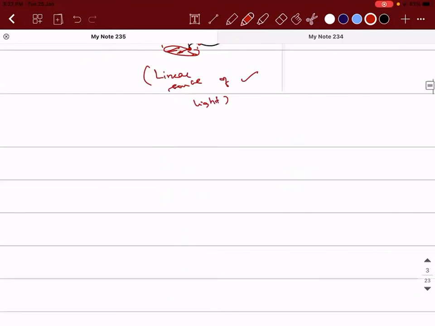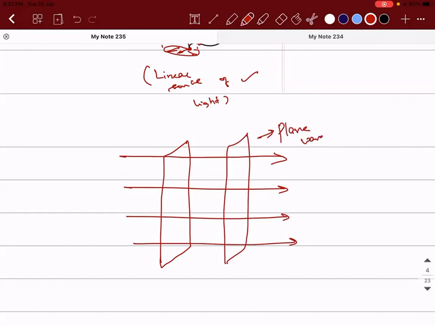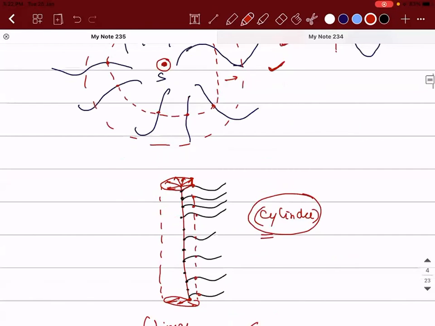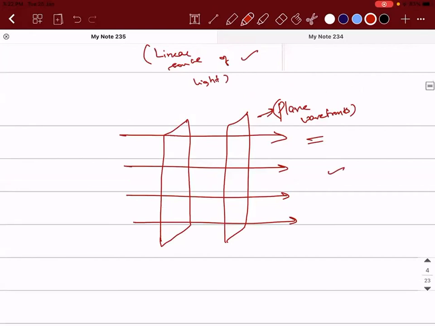Similarly, if you have a set of parallel rays, meaning the source is placed at infinity, then the wavefront will look something like this, which are plane wavefronts. So these are the different types of wavefronts that we are going to deal with. We will mainly be dealing with spherical and plane wavefronts in this chapter for many theoretical purposes.